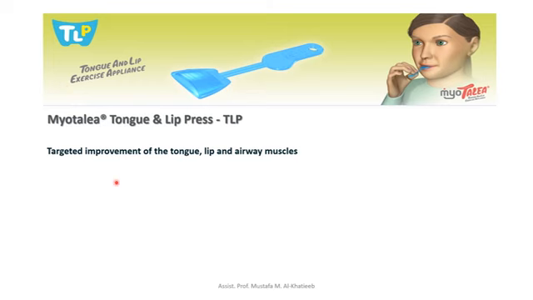The Myotilia tongue and lip press targets improving the tongue, lip, and airway muscles. We review the movie. It is used for the medium and posterior part of the tongue. The appliance here, the Myotilia TLP.